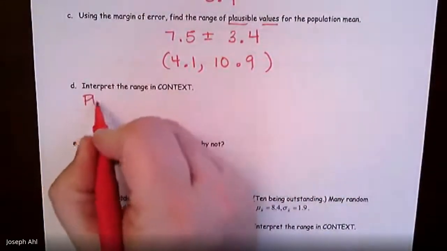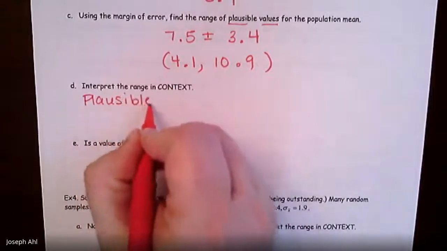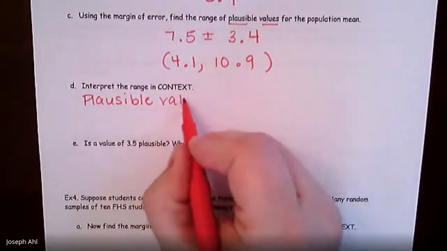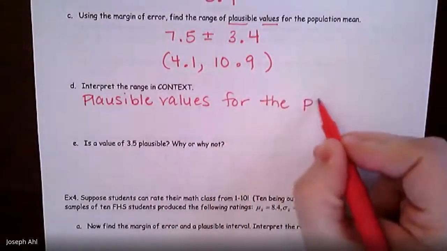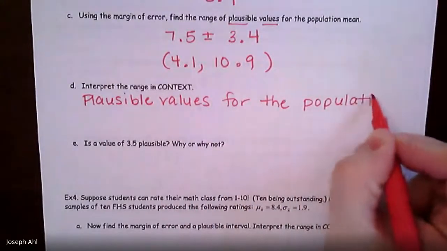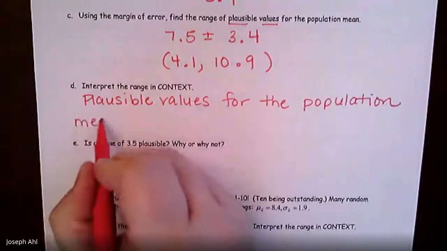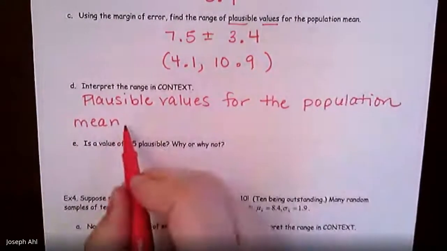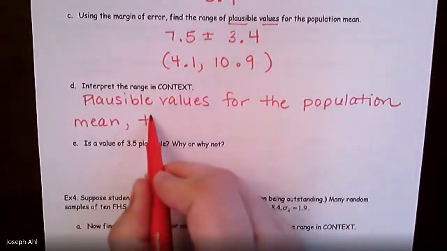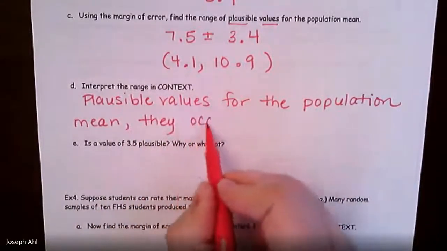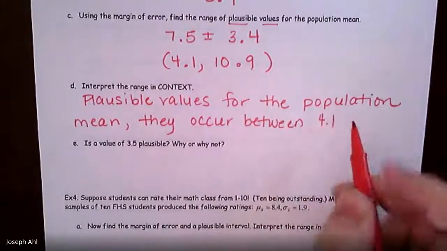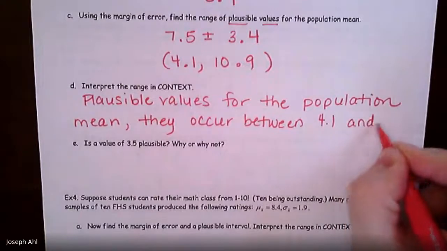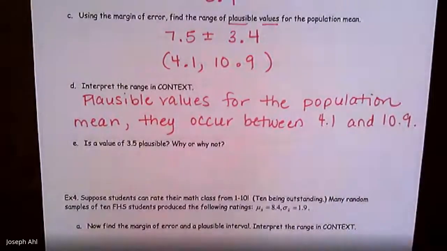So these are the plausible values for the population mean, and they occur between 4.1 and 10.9.